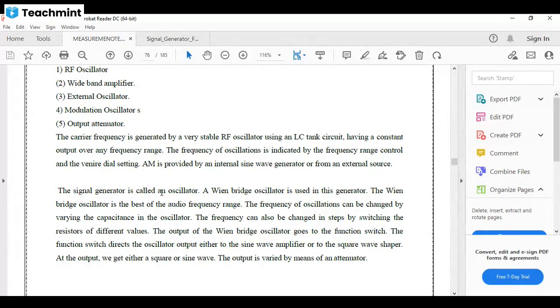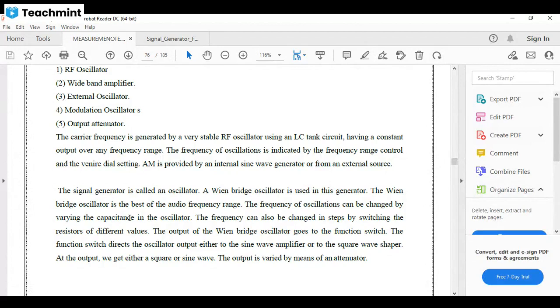The signal generator is an oscillator, and the Owen bridge oscillator is used in this generator, and the frequency of oscillation can be changed by varying the capacitance of the oscillator.